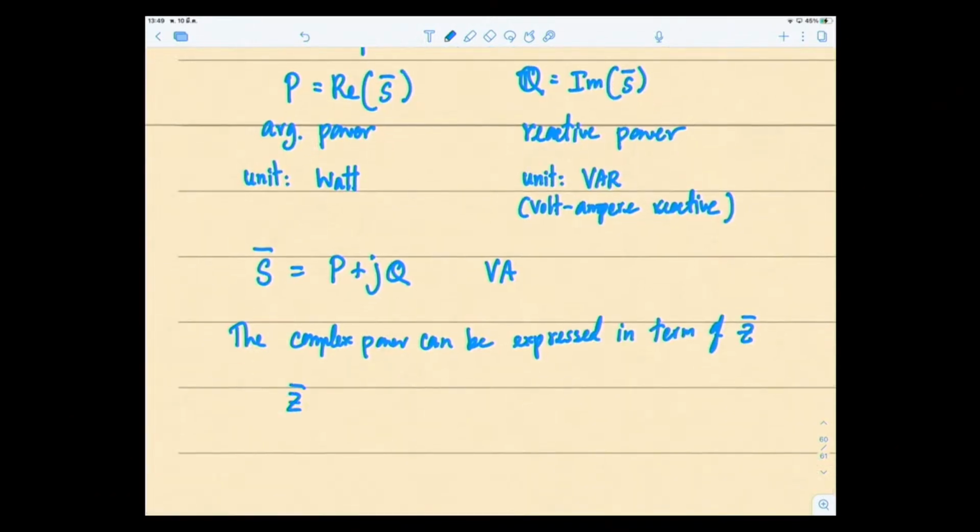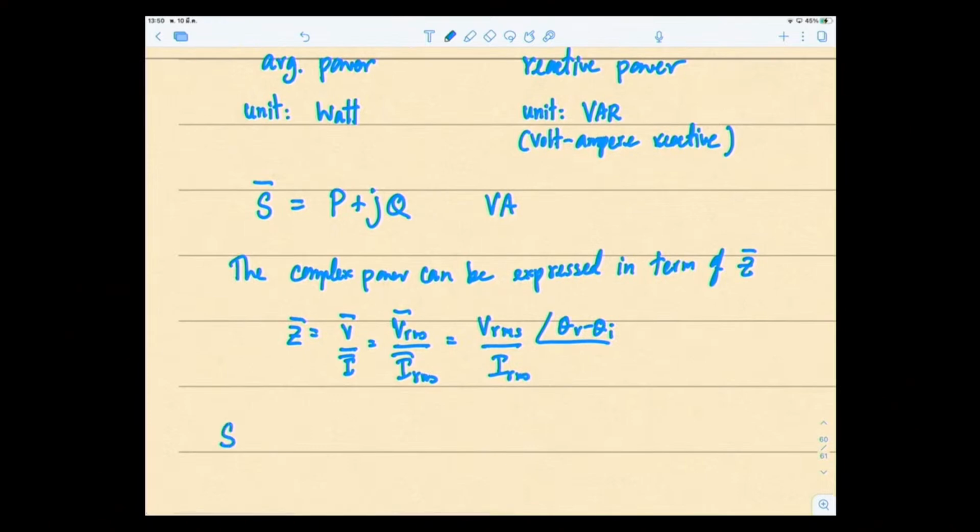So if we define our impedance as equal to phasor V over phasor I, equal to Vrms in phasor form over Irms in phasor form, or equal to Vrms over Irms, angle theta V minus theta I, then your complex power can be expressed as the magnitude of Irms squared multiplied by the phasor Z, or equal to the magnitude of Vrms squared divided by phasor Z conjugate, and of course equal to Vrms Irms conjugate.